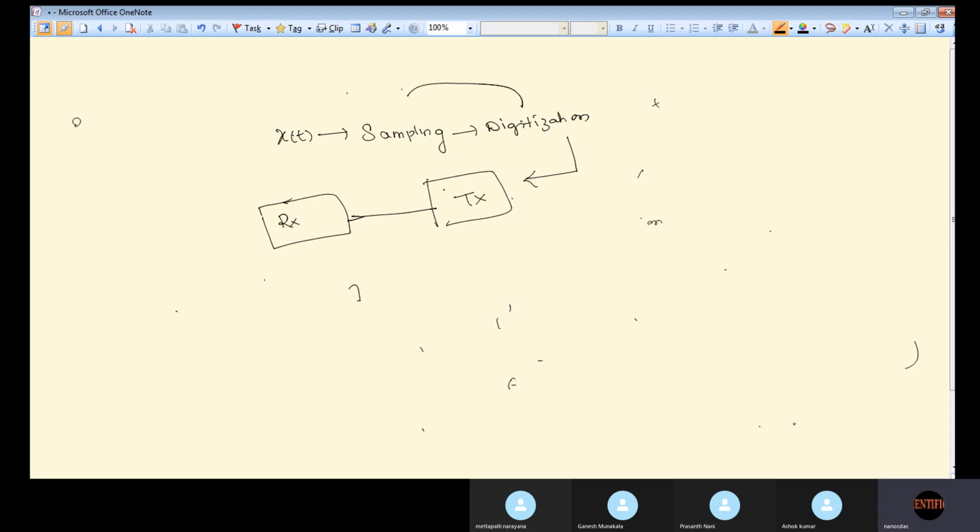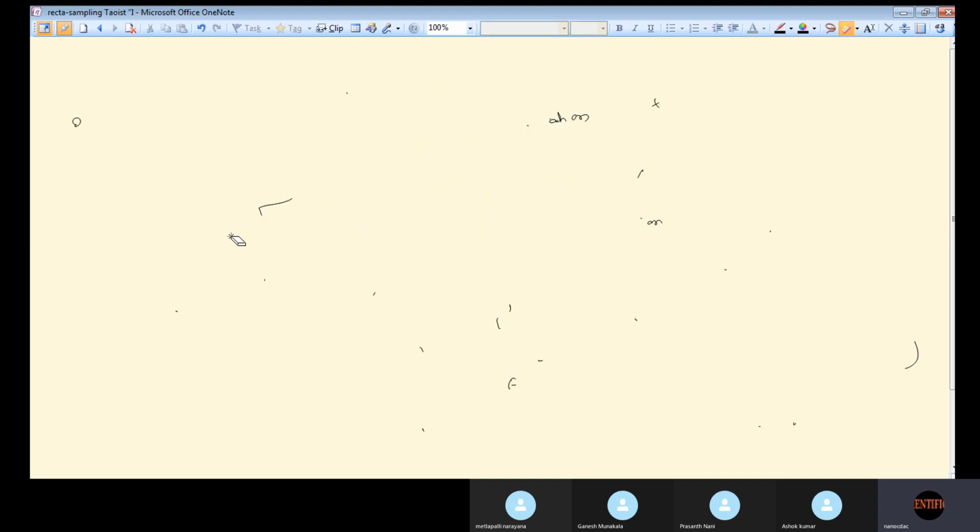Receiver దగ్గర reverse process. Okay, again these samples are converted into continuous signals. digitize అయిన signal నుండి మళ్ళీ you will be obtaining the samples, ఈ samples నుండి again you will be converting into signal. Okay, so whenever we want to transmit any signal, this is the procedure which we follow.